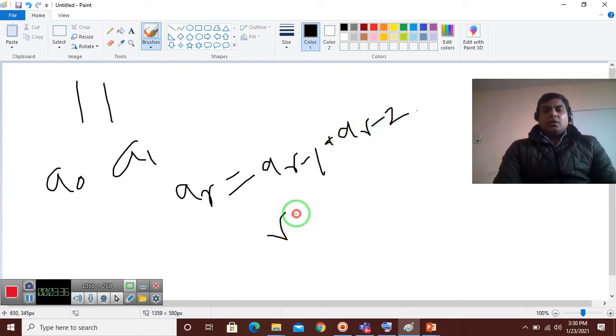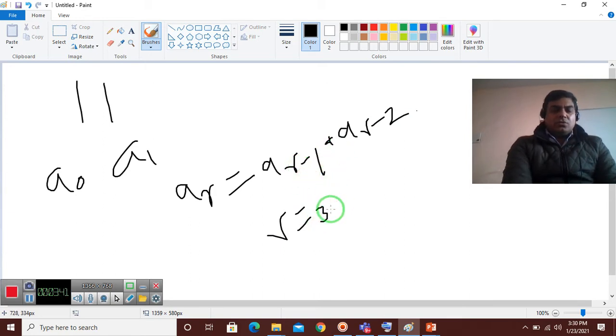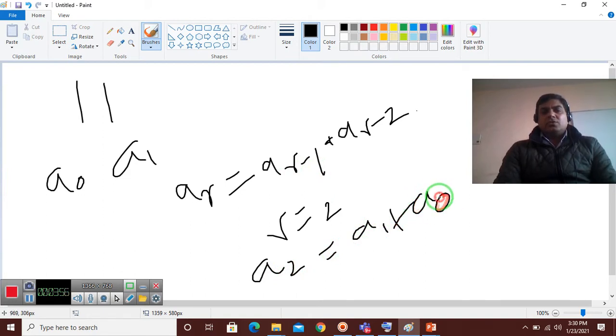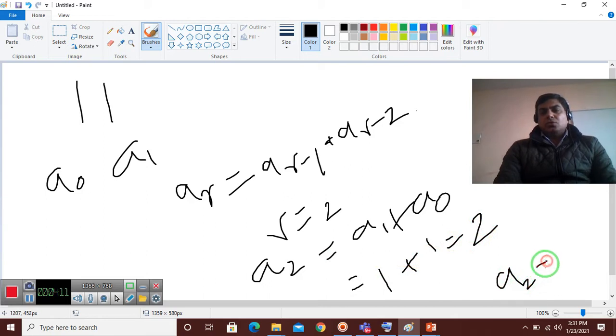If we want to find r equal to 2, we put a2 equals a(2 minus 1), that is a1, plus a(2 minus 2), that is a0. a0 and a1 are already given, so the basic values are given. 1 plus 1 becomes 2, so a2 equals 2.